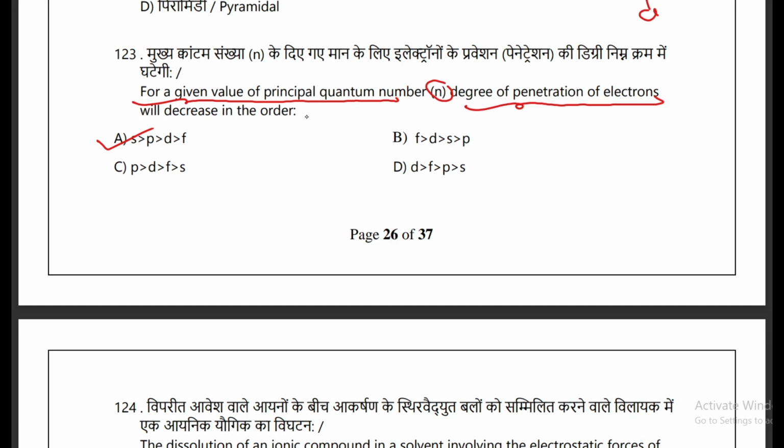If we consider p, d and f orbitals, they are progressively more complex and have nodes that reduce their electron density near the nucleus. That's why the degree of penetration of electrons in the case of s orbitals is maximum, and in the case of f orbitals is minimum. So A option is your correct answer in this question.